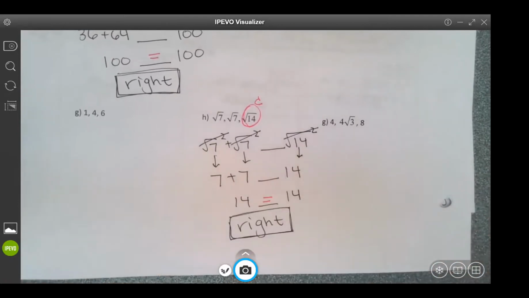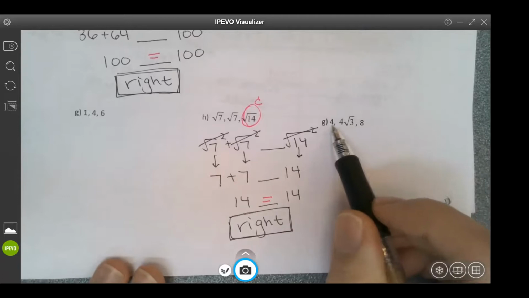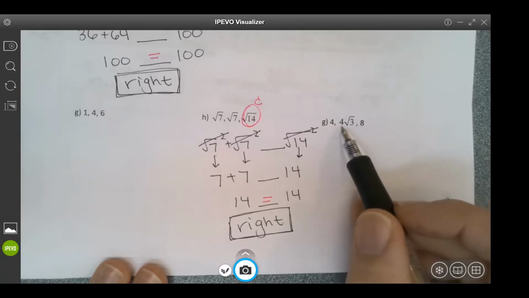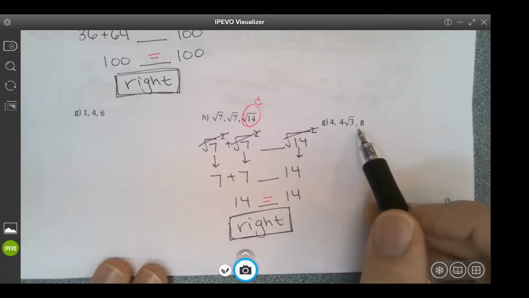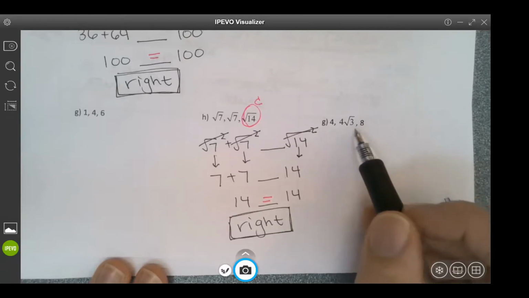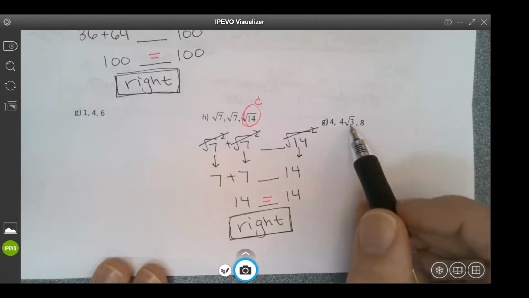Where it becomes challenging is when I have two integers and then a value that has a radical in it. I have to think about, is this number going to be greater than 8? Is 8 the largest number, or is this number greater than 8? So we need to think about what the square root of 3 would approximately be.